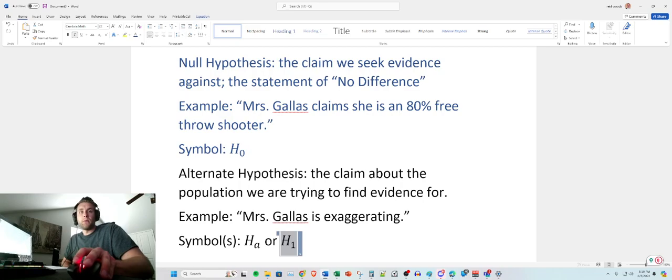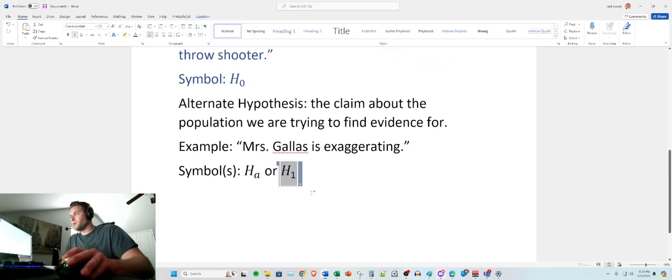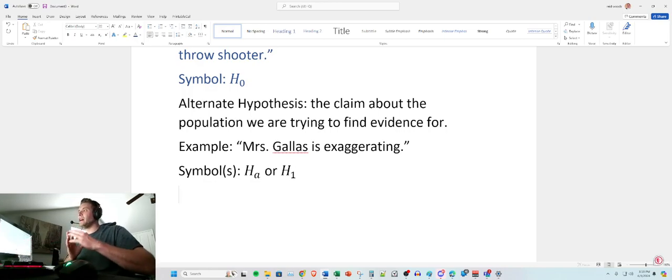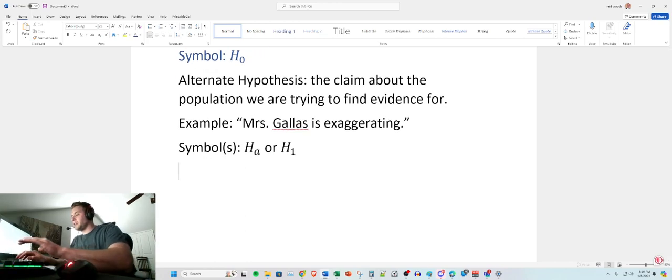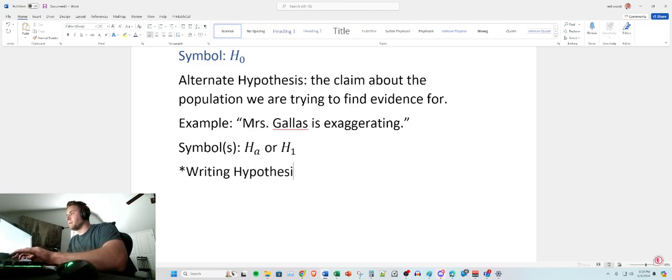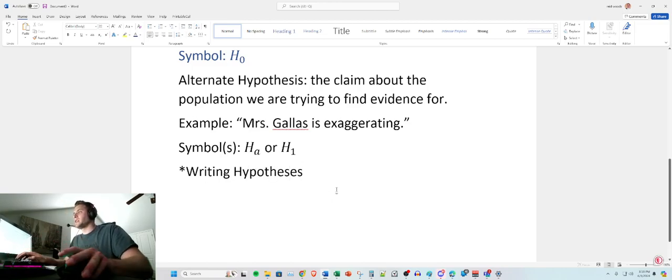Okay. We're actually going to go ahead and write up our null and alternate hypothesis in a proper format. So let's make a section here, writing hypotheses. So this is kind of a new section.